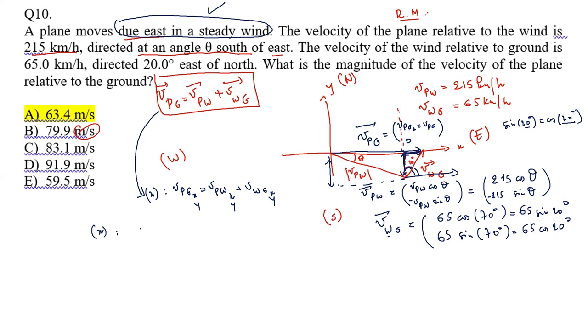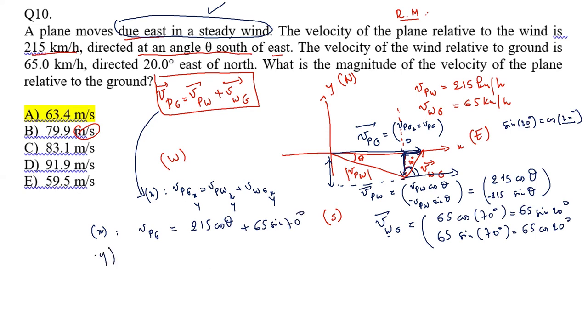Okay, so along x, now let me just gather all this data along x. So along x, I will have this VPG along x, which is just VPG. This guy along x will be what? It's just 215 cosine theta. And this gentleman here along x is just plus 65 cosine 70.